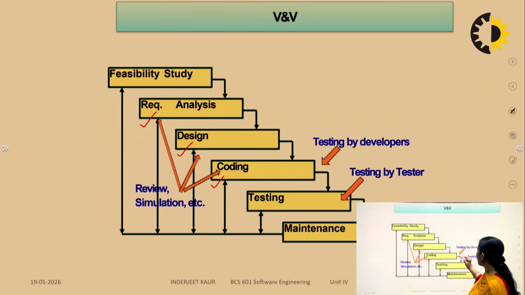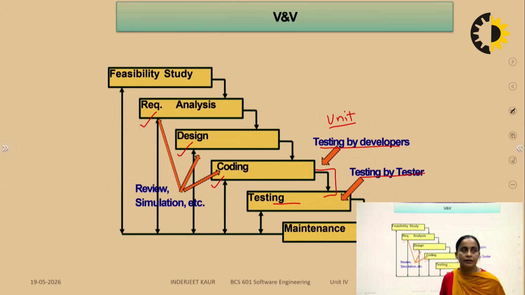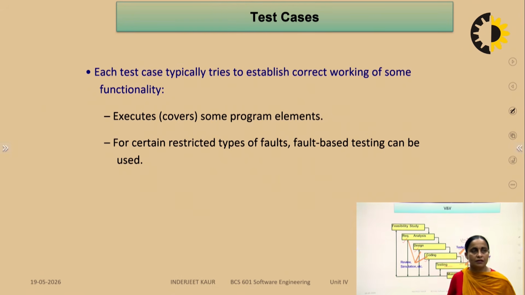And at the coding and testing phase, testing is performed. While I am at coding, I am performing the unit testing. These are all tested by the developers, and when I am at the testing phase, testing is performed by the testers, as we have discussed earlier.